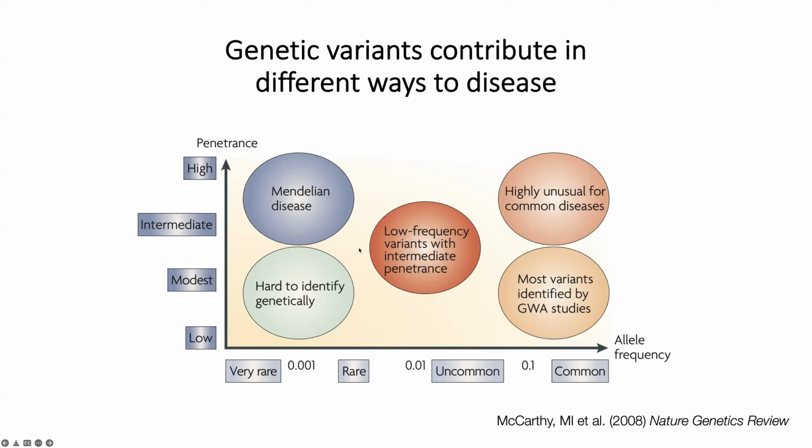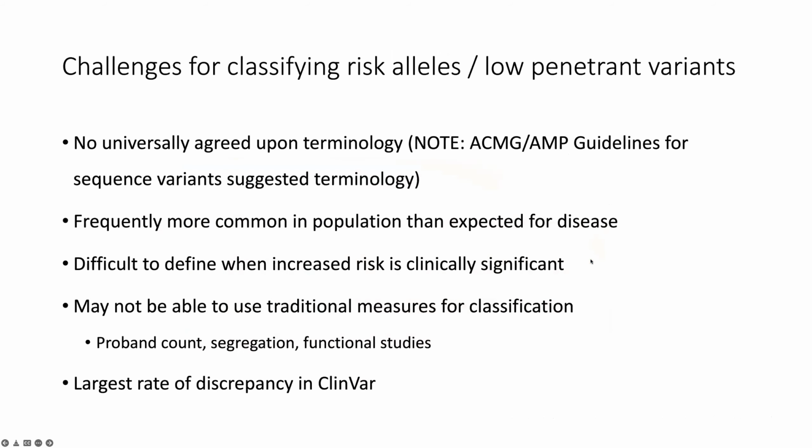As you move across down to the lower right of this figure, you start to get into variants with intermediate penetrance, and then things that are involved in complex genetic traits where only one variant is having a very small contribution to the probability of you getting the disorder, but it still may be clinically significant in some manner.